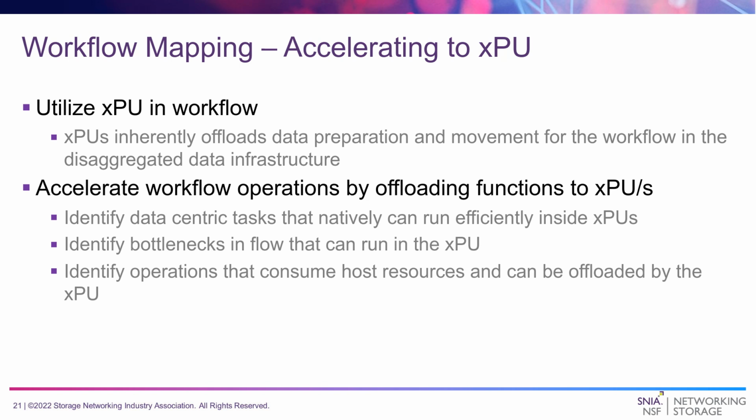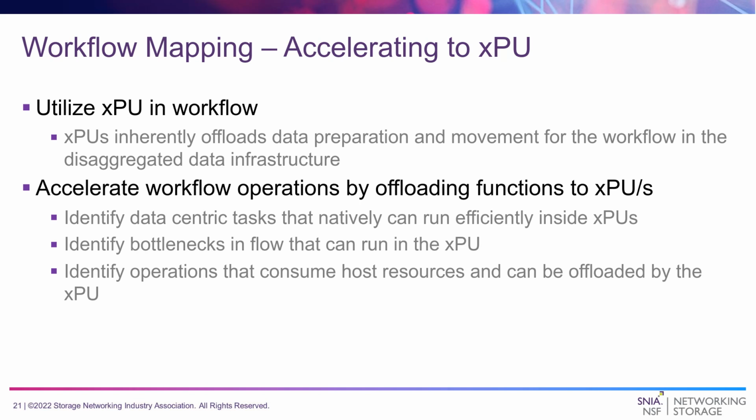So that's also something to look for when you are deploying it and seeing how you can accelerate those using the xPU. And additionally, we'll want to identify operations that consume host resources like virtualization or isolation monitoring and such, operations that could be offloaded into the xPU and reduce the host overhead.